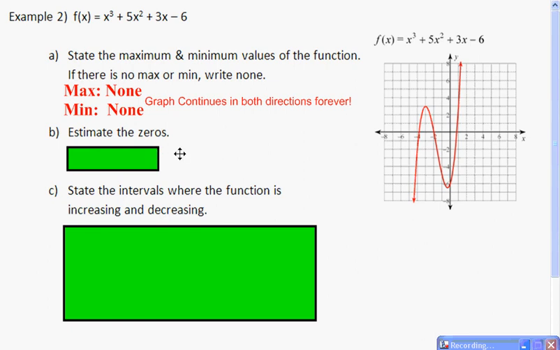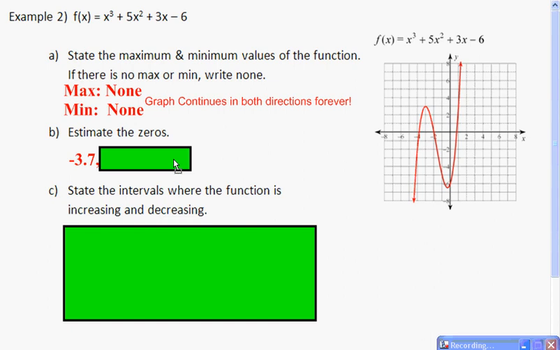The zeros, remember, the zeros are where it intersects the x-axis. So it intercepts in 1, 2, 3 spots here. We should have 3 answers. If you look at this, where it intercepts is slightly below -4, so you should not state -4. Just an estimate, about -3.7.